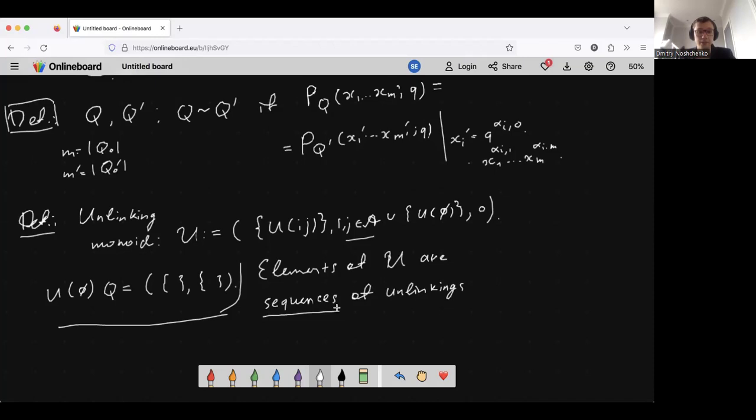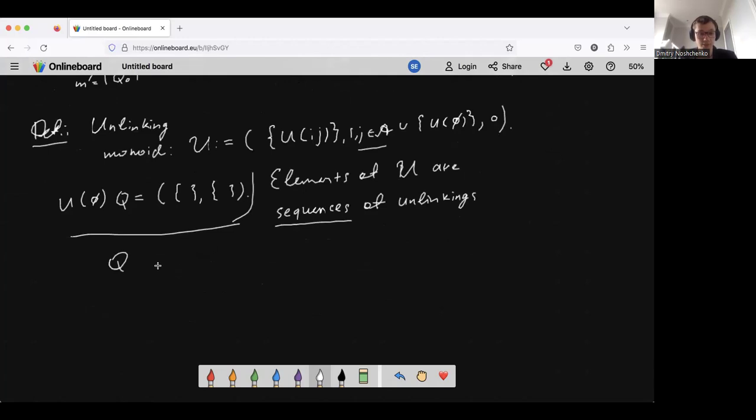In principle, now we can study the structure of this monoid without referring to a specific quiver, which is a big advantage, and it allows us to uncover many interesting properties of unlinking. So from now on, let's consider Q to be generic. All quivers that we consider will be completely generic, and we're only interested in the structure of unlinking operations, not in the structure of particular quivers.